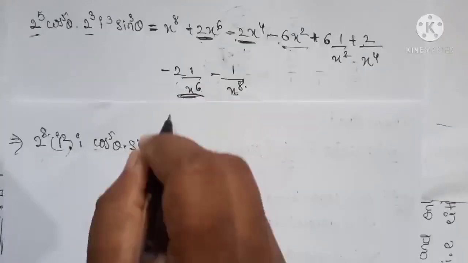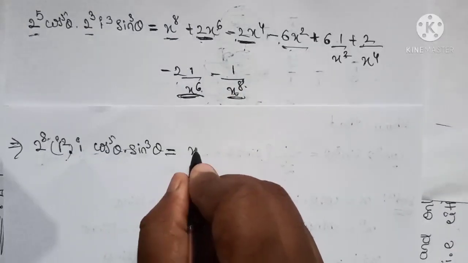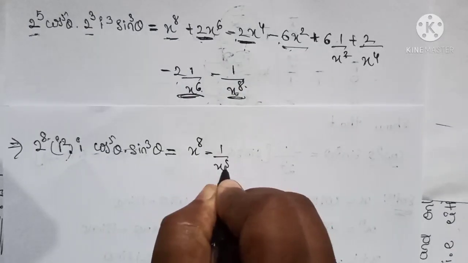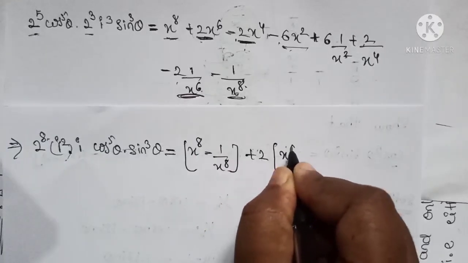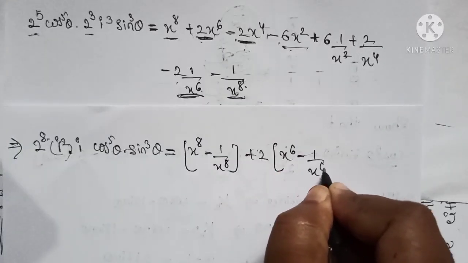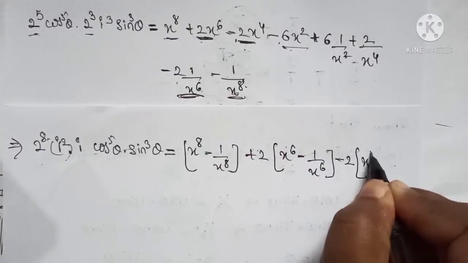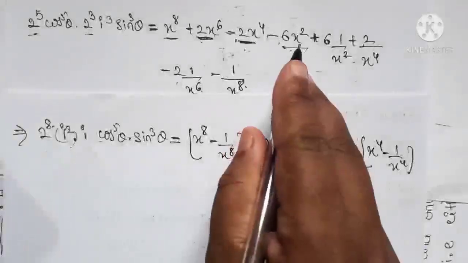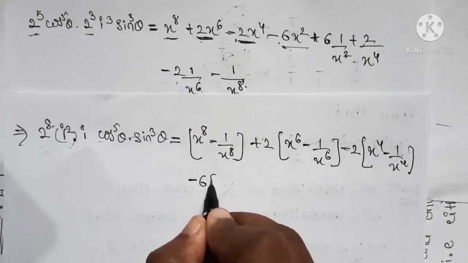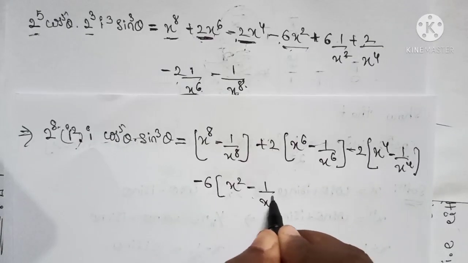So here we group the same constants on one side, that is x power 8 minus 1 by x power 8, plus 2 taking common, we get x power 6 minus 1 by x power 6. Here we take minus 2 outside, we get x power 4 minus 1 by x power 4, and on taking minus 6 outside we get x square minus 1 by x square.